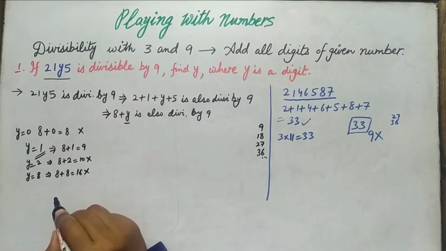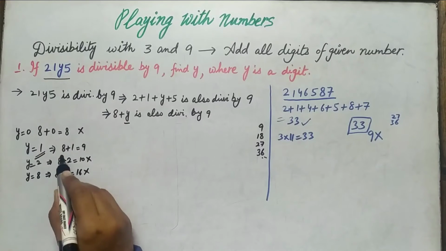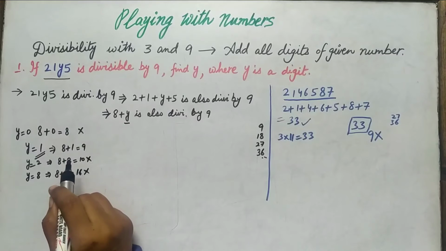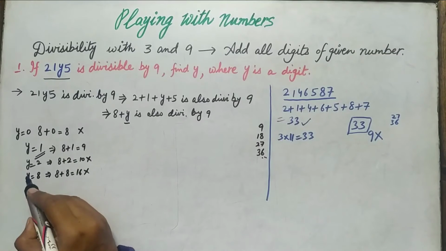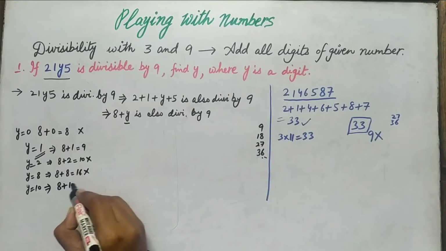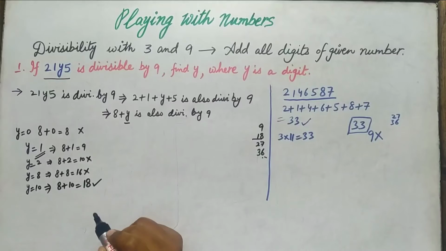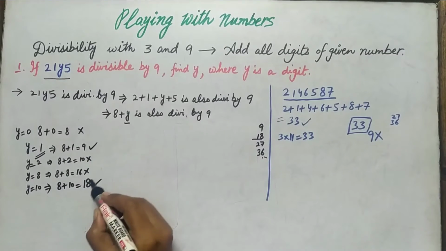This value is also rejected. Next, putting y equal to 9, 8 plus 9, 17, not there. Then putting y equal to 10, we get 8 plus 10, 18. It is there. 18 is in the table.